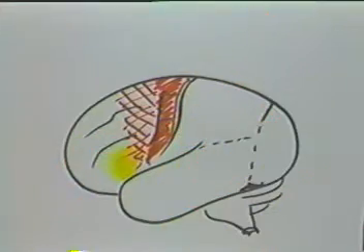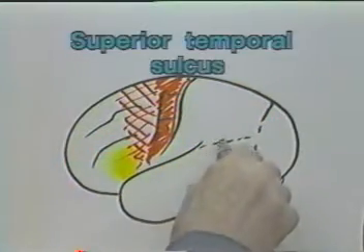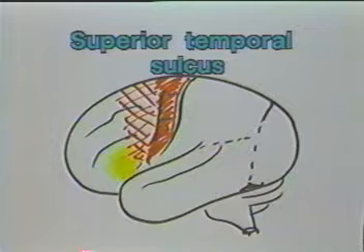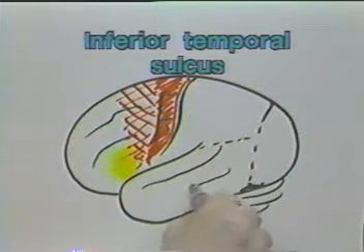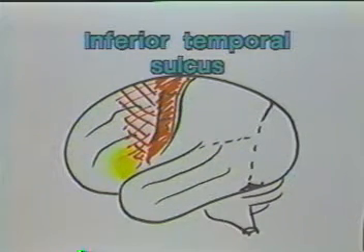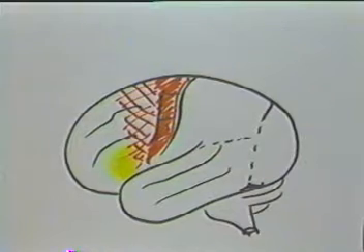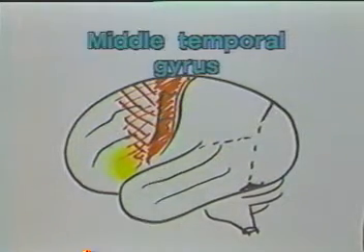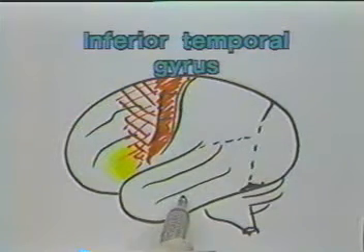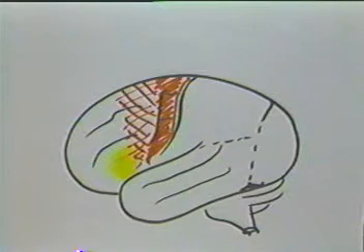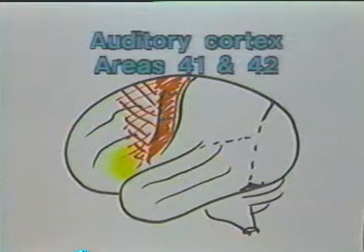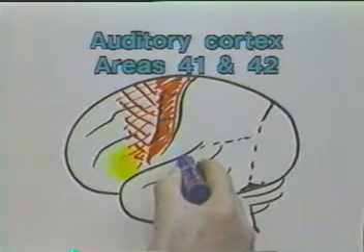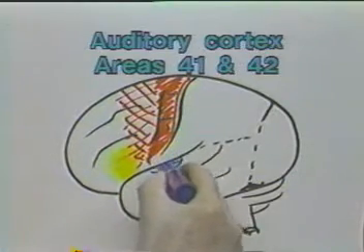Two sulci in the temporal lobe, the superior temporal sulcus and the inferior temporal sulcus, divide the lateral surface of the temporal lobe into three gyri: the superior temporal gyrus, the middle temporal gyrus, and the inferior temporal gyrus. Primary auditory cortex is represented in the superior temporal gyrus at about this level.